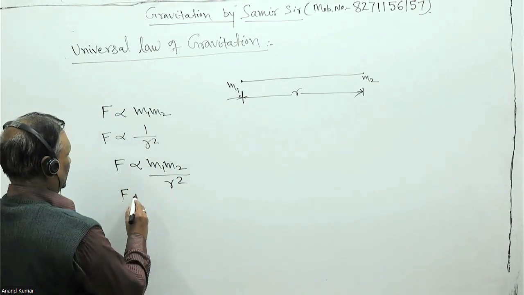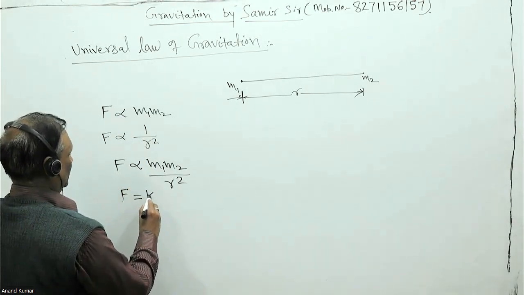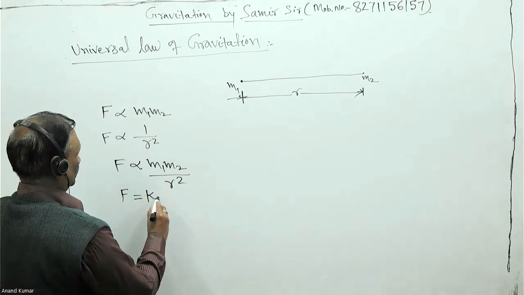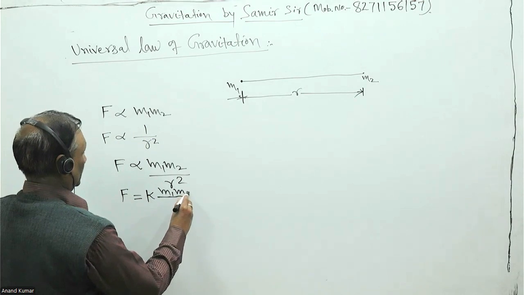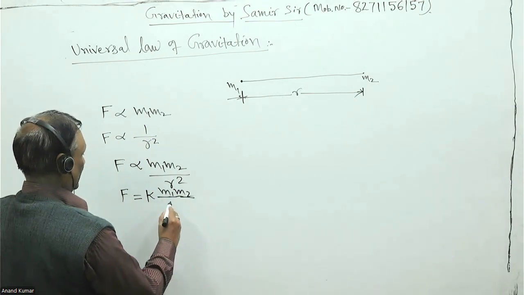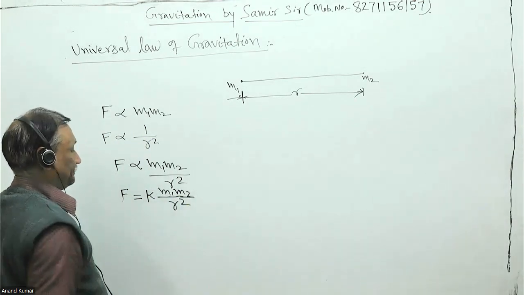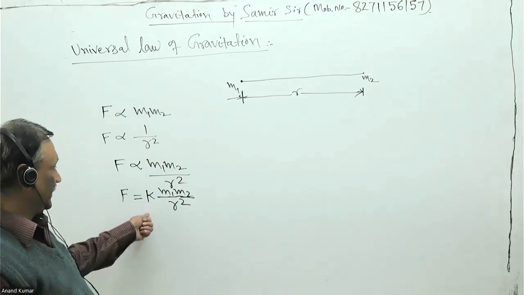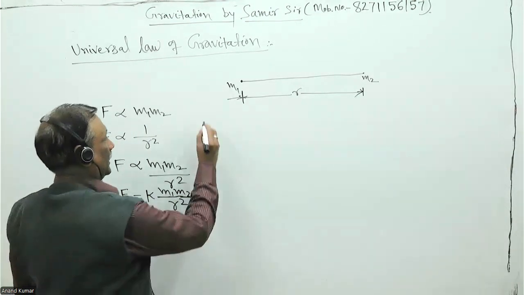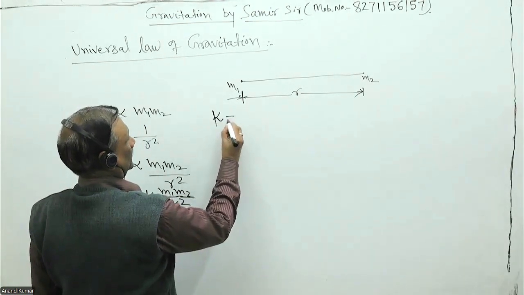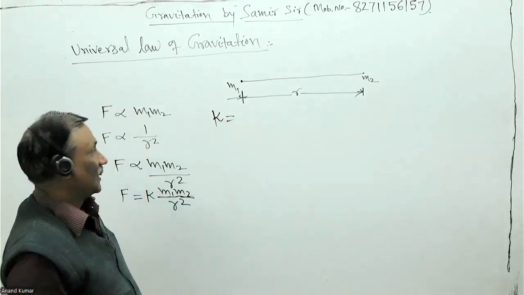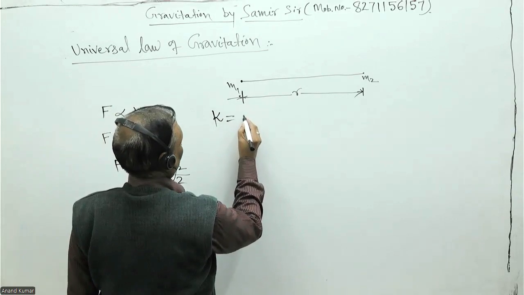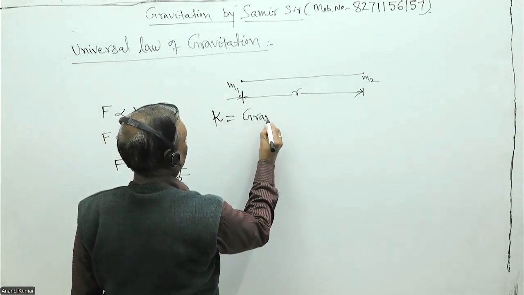When a proportionality changes into an equal to sign, we have to put a constant k. So F equals k m1 into m2 by r square. Here k is a constant called the proportionality constant, and here k is the gravitational constant.